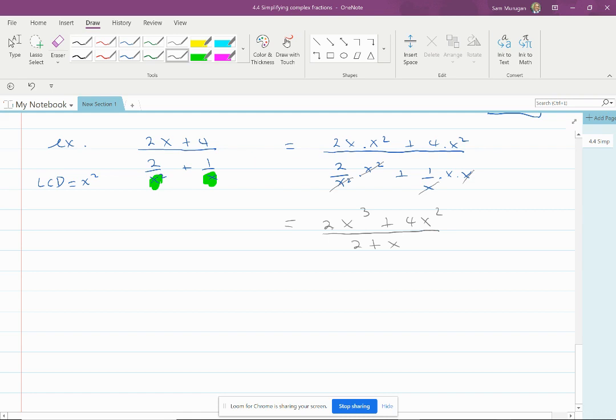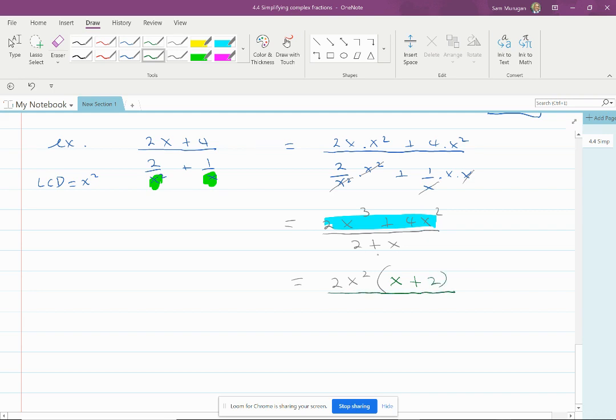Now notice that on the numerator we can factor out both 2 and x squared. Right here we can factor out both 2 and x squared from there. That leaves me with 2x squared on the outside. I leave a single x here, and then 2 goes into 4 2 times.